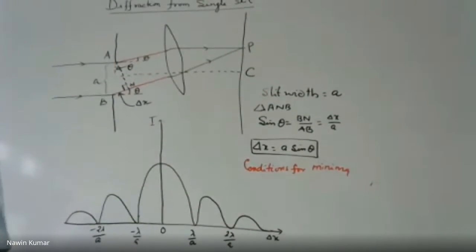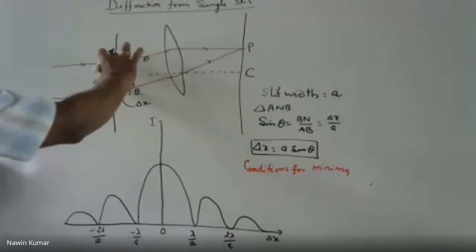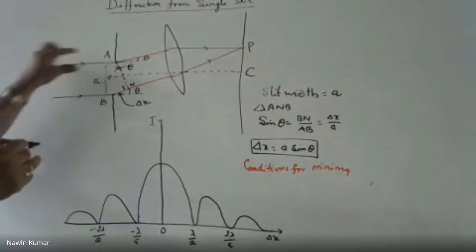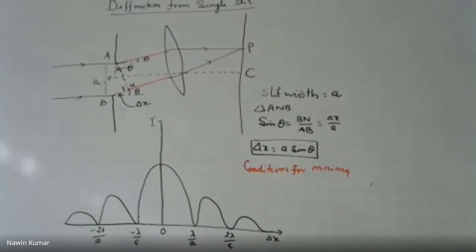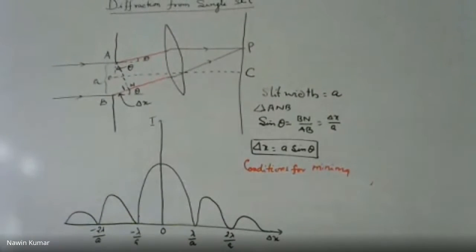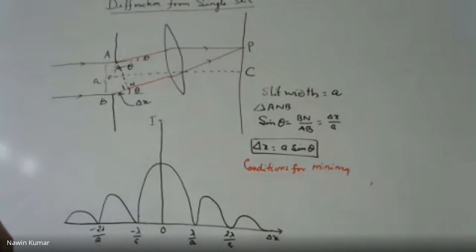Let the slit be divided into two equal halves. The slit AB we divide into two equal parts, AO and OB. So what will be the path difference between the waves?